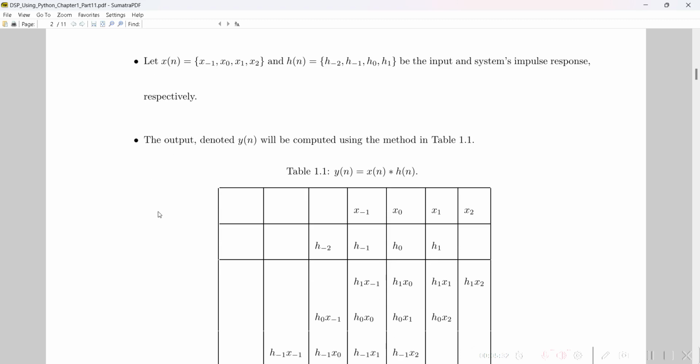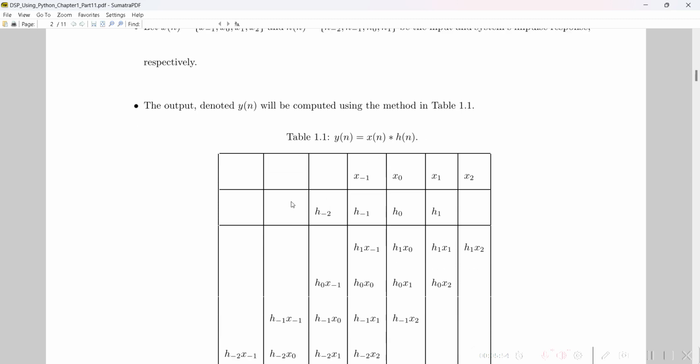Now, we provide a table. We want to find the output samples very easily just by looking at the information inside the table. The output denoted y[n] will be computed using the method in table 1.1.